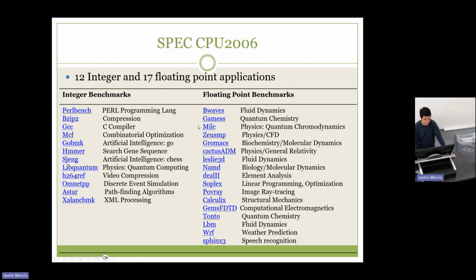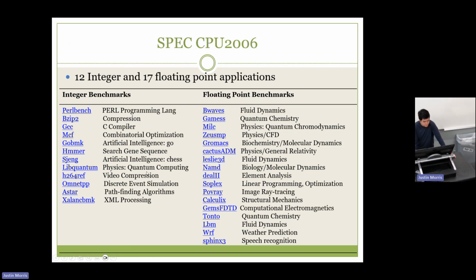Okay, so in SPEC 2006, here are the benchmarks that are inside of it. They have Perlbench, which is, I believe, just a compiler for Perl. And then they have compression. They have an artificial intelligence benchmark, chess.